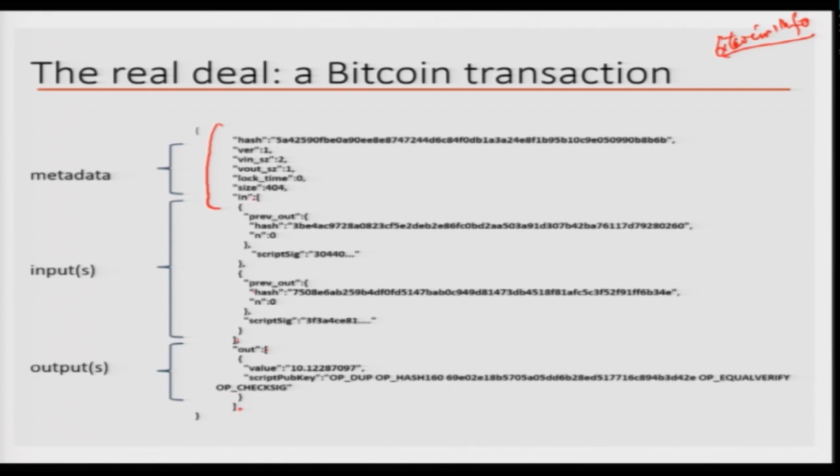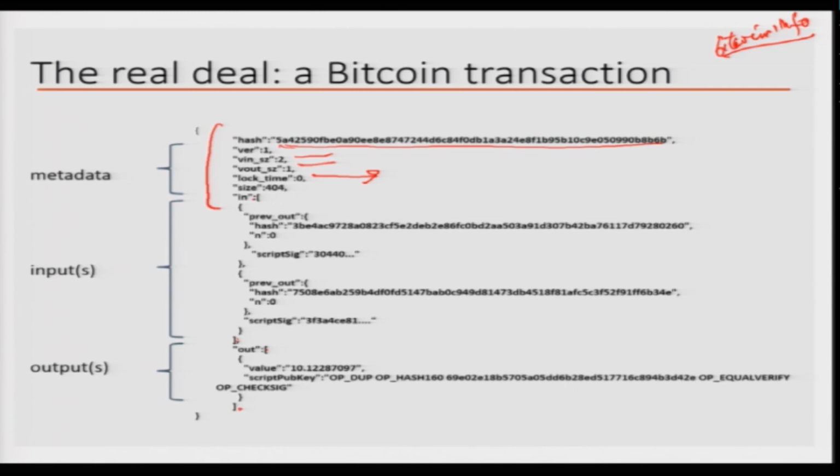So, in the metadata what we have is the hash of the transaction, and then we have the version. This is the Bitcoin version. This says how many inputs there are, so this is the input size, this is the output size. So, this is 2 and 1. There is something called lock time, and we will discuss very soon what lock time means. For now we can ignore it, except for the fact that lock time 0 means this transaction can be done immediately.